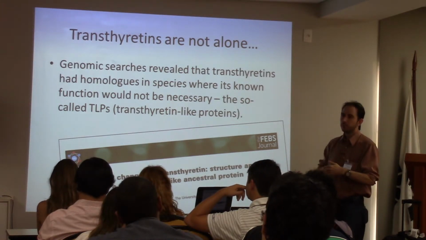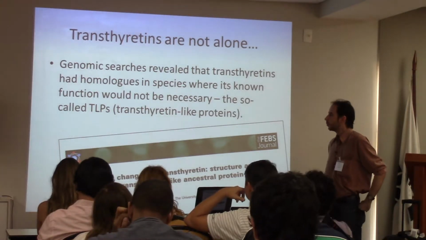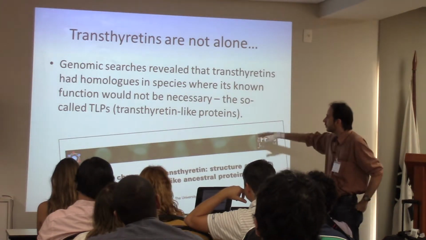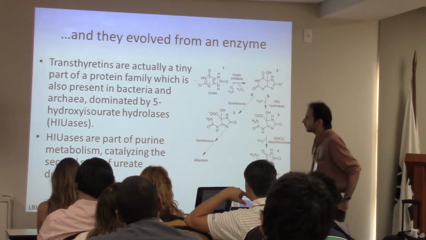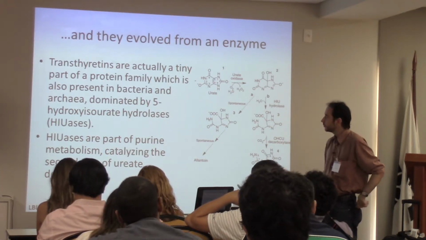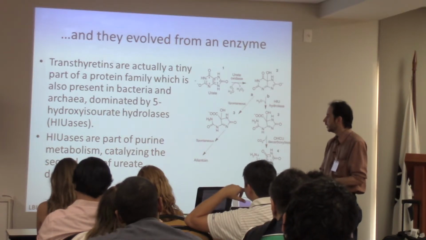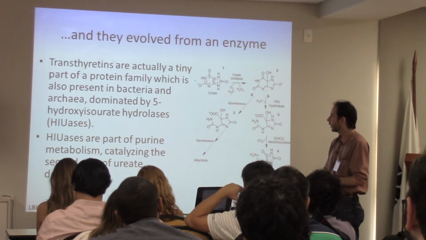We could find these in bacteria, and you wouldn't expect bacteria to need a protein to transport thyroid hormones. So they were called transthyretin-like proteins, and it was found that what those homologs actually do is a reaction. They are part of the uric acid pathway. They do the second reaction in the pathway.